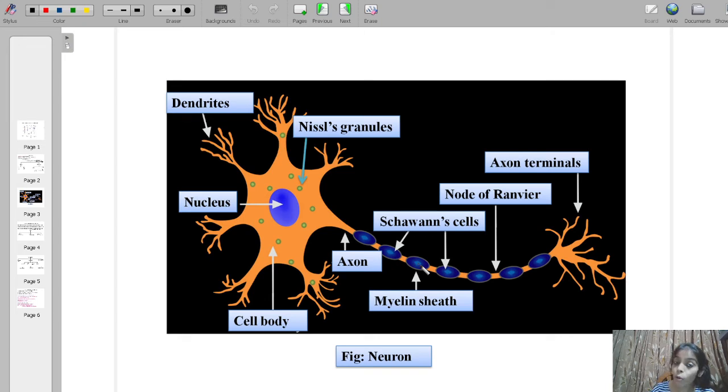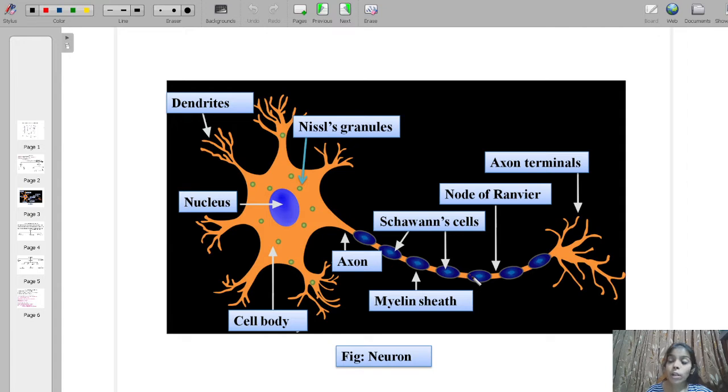So that's why what happens? Axons do not stimulate one another. Do not let the other neurons, adjacent neurons, to get charged up, because a nerve impulse is nothing but exchange of sodium potassium ions across the axonal membrane.